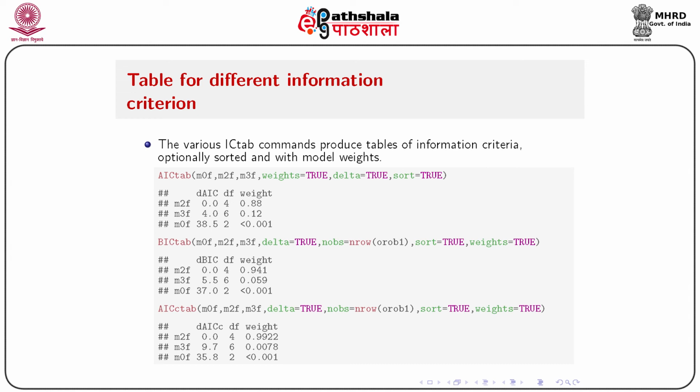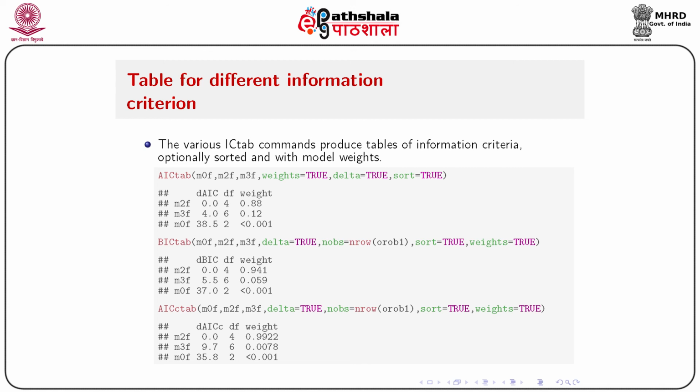And then the table for different information criteria. The various ICtab commands produce tables of information criteria, optionally sorted and with model weights. Say AICtab of m0f, m2f, m3f, with weights equals true, delta equals true, sort equals true. You will get the dAIC, degrees of freedom, and weight.